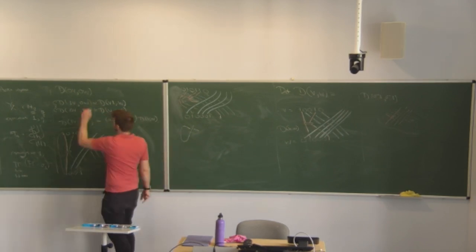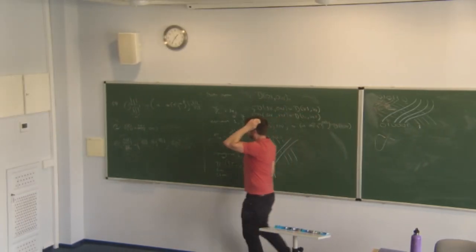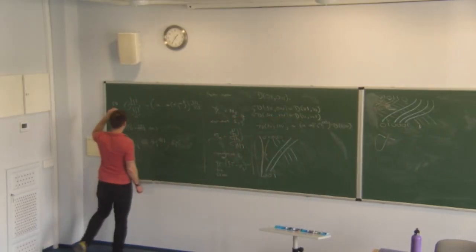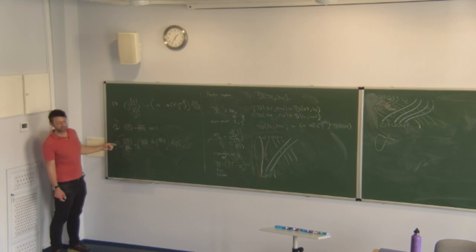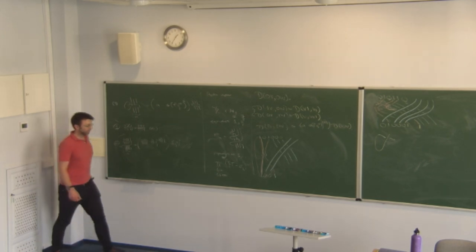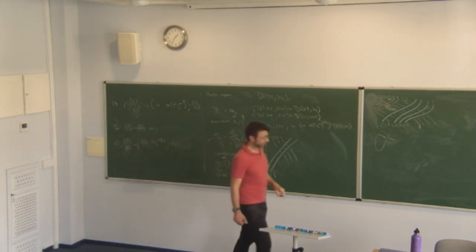Now for the last relation, we're going to have to use this relation, so we'll get a pair of terms. This is what makes this a little bit more interesting than the others.